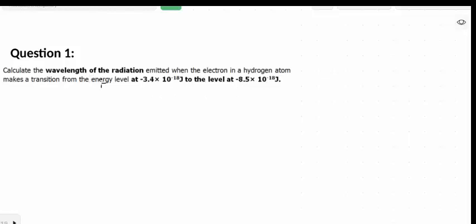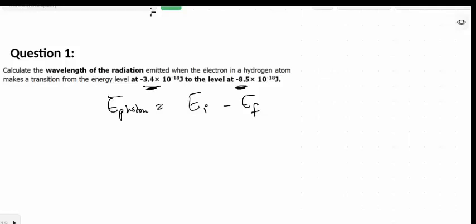So we start with the idea that the energy of the photon, as usual, E photon equals E. Here, which one is greater, the initial or the final? This one is greater. Minus 3.4 is greater than minus 8.5. So we start with E initial minus E final.